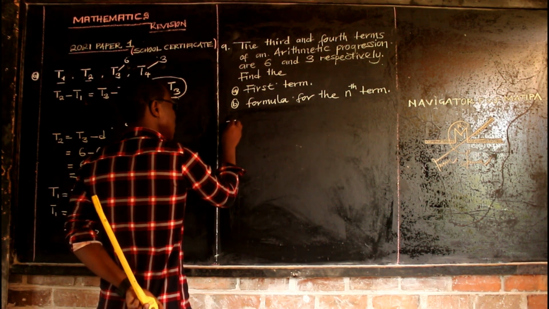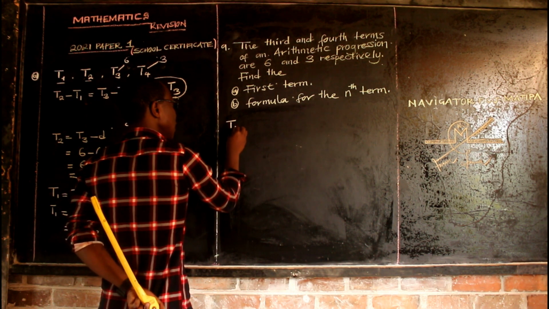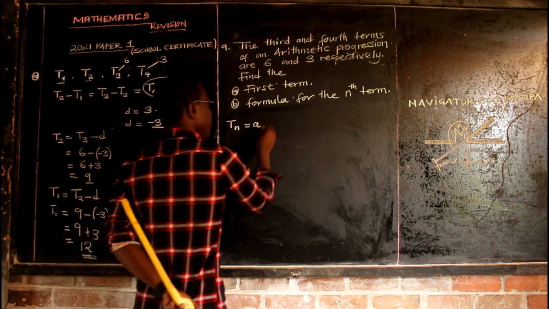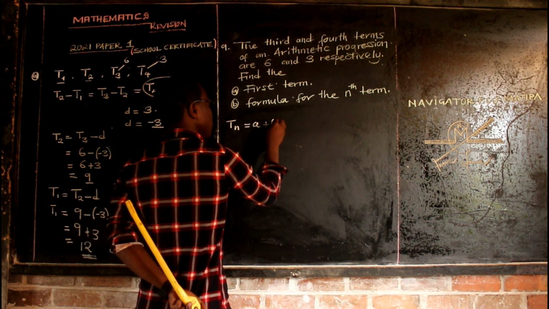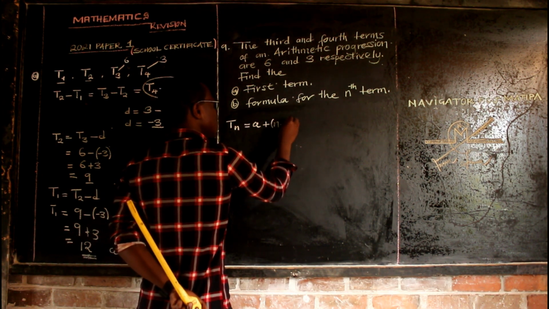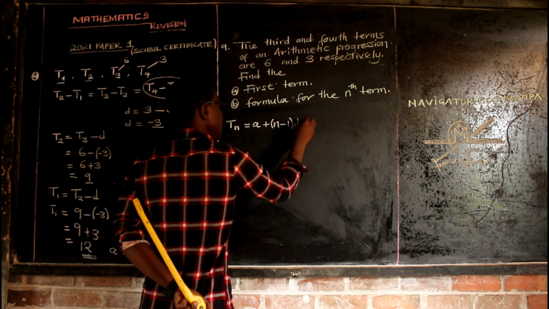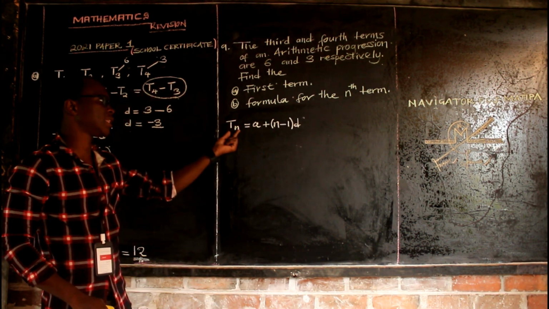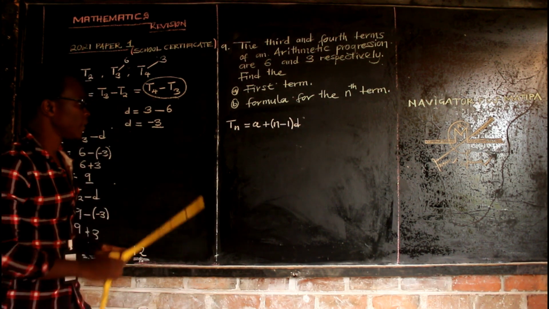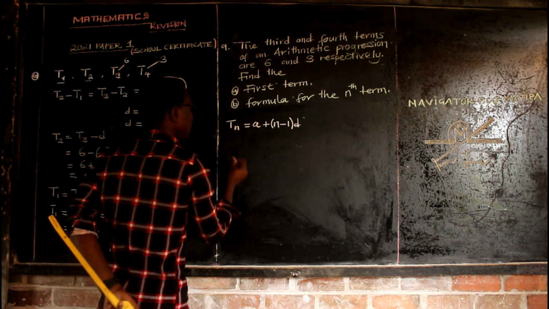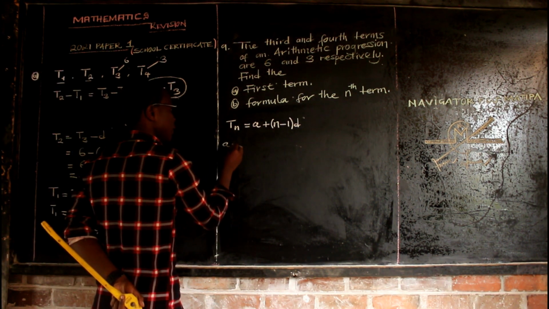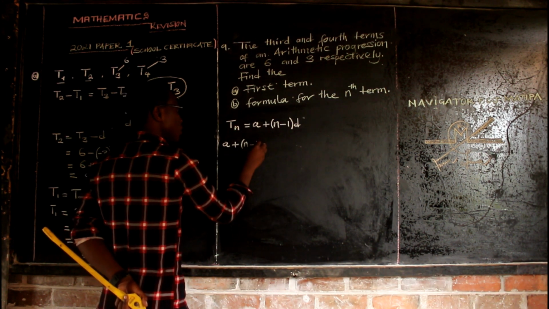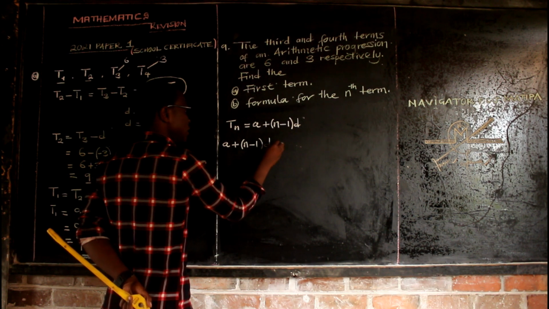You say it's Tn is equal to A plus, open brackets, N minus 1, then you have got D. Okay, so this is the formula for finding the nth term of an arithmetic progression. This one can also be written as a plus open brackets n minus 1 then close d is equal to tn.